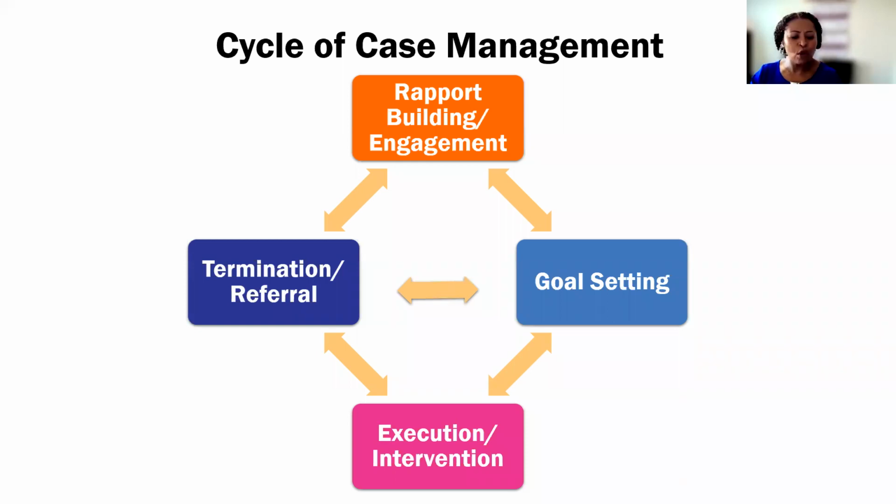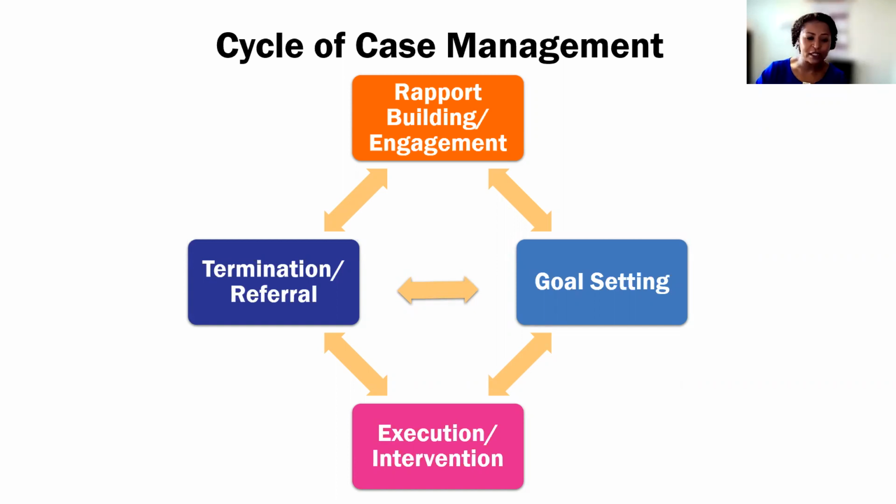So this is where the bulk of case management happens, though it cannot happen without the initial engagement and assessment. This is also where you develop and update the plan, and where the clients' goals are being executed, or the intervention is put in place.